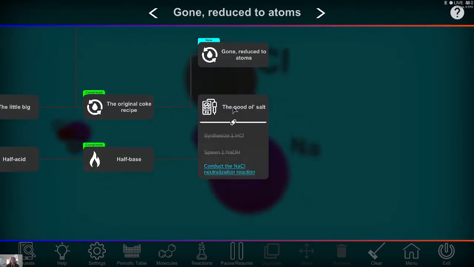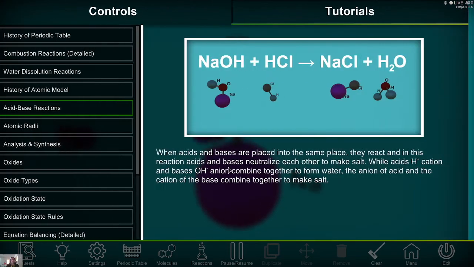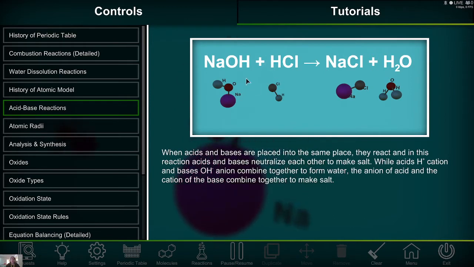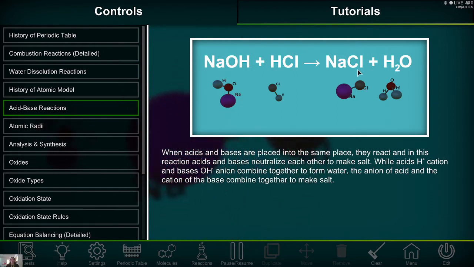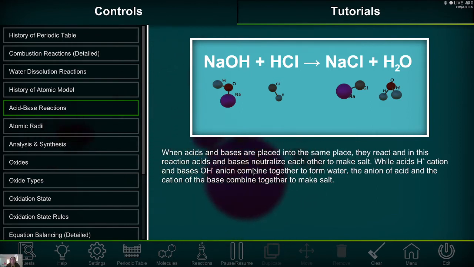What's the given task? Let's conduct the NaOH plus HCl yields sodium chloride plus water and sodium hydroxide plus... When acids and bases are placed into the same place, they react, and in this reaction, acids and bases neutralize each other to make salt.